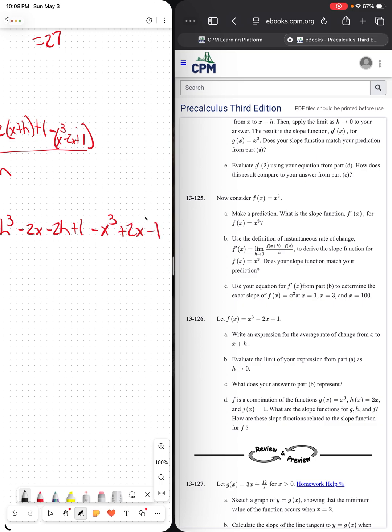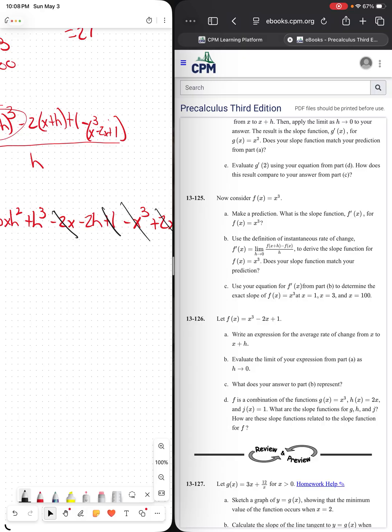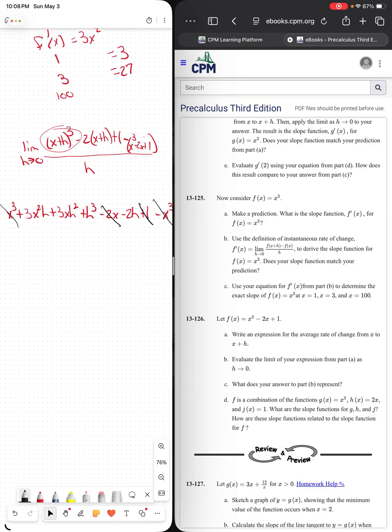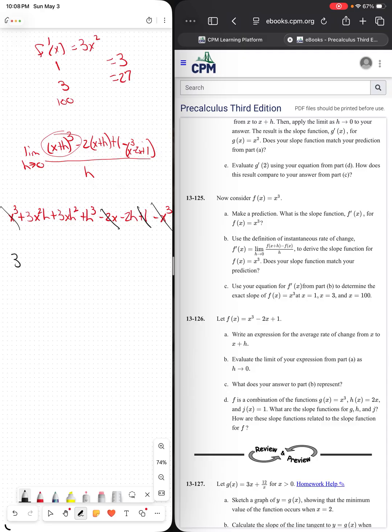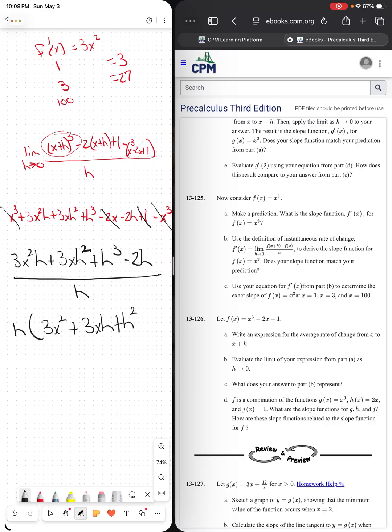It cancels: the 1 and the 1, positive 2x and negative 2x, negative x cubed and positive x cubed. So what's left? 3x squared h plus 3xh squared plus h cubed minus 2h all over h. Factor out an h: 3x squared plus 3xh plus h squared minus 2.